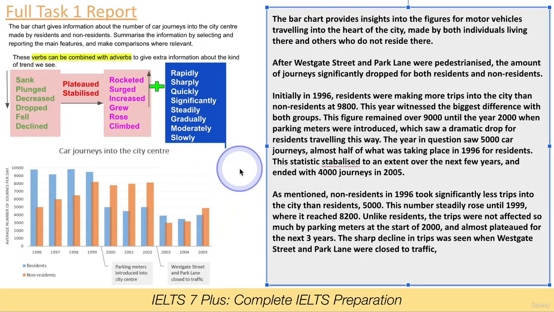In 2003, non-residents made 3,000 journeys.